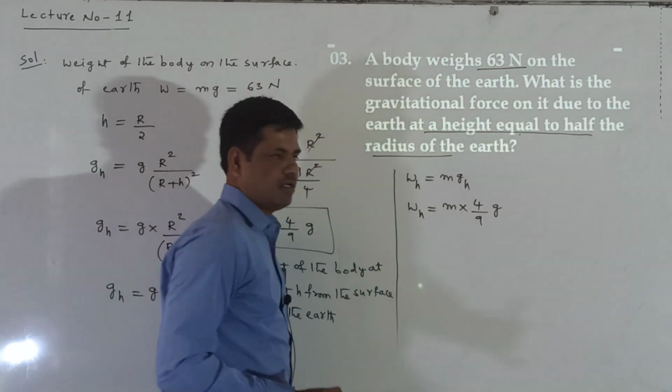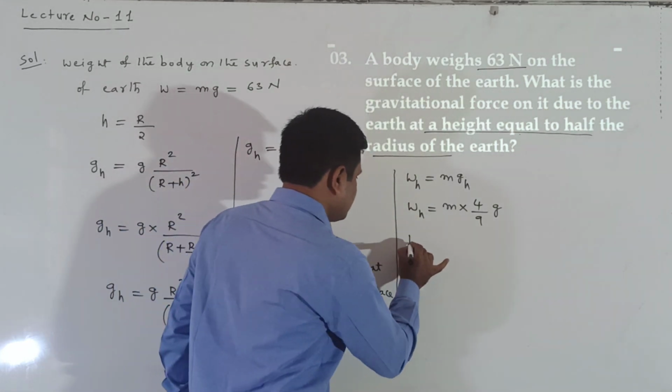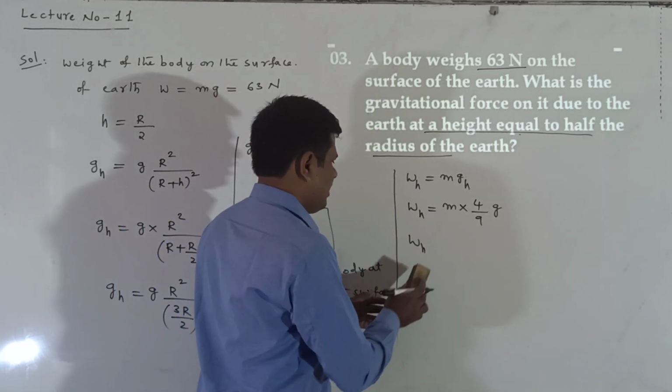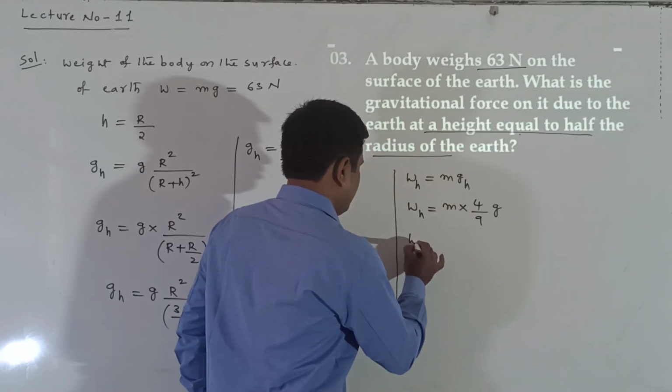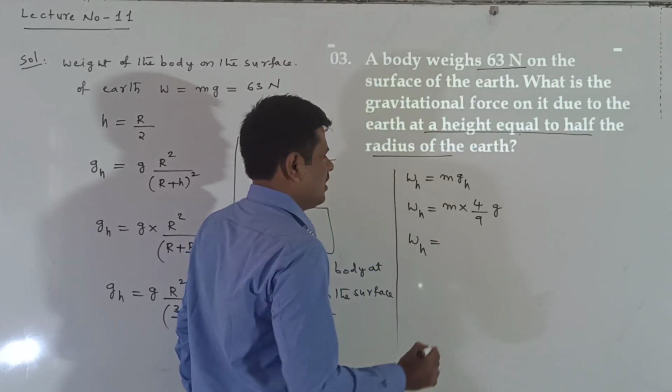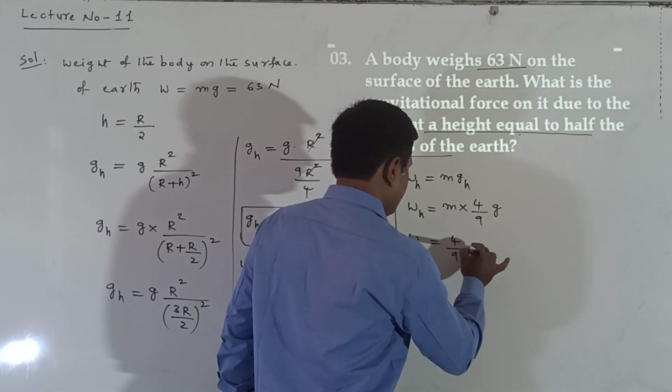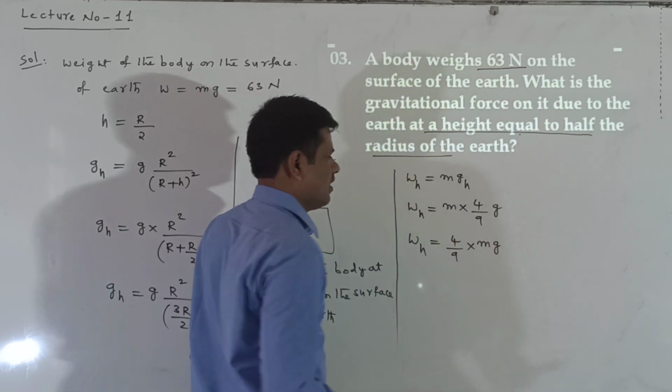That value we already know. Now WH is equal to 4 by 9, taking it outside, into the remaining mg as usual.